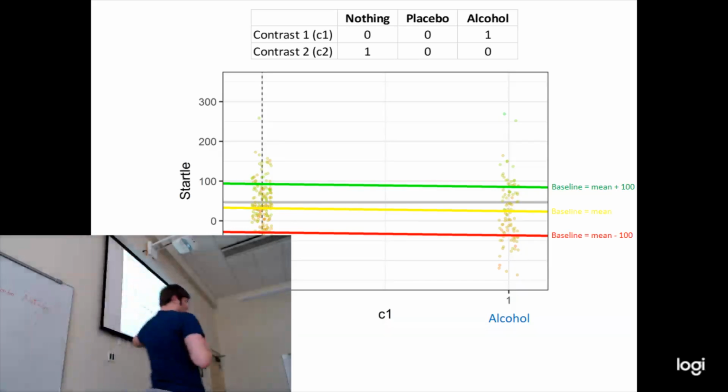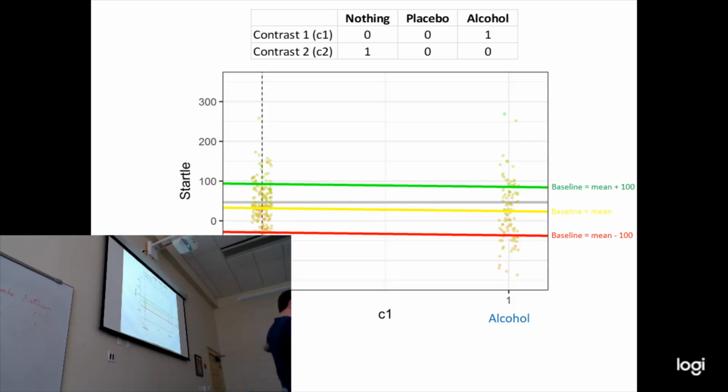And if I wanted to add an extra variable, like baseline startle, the trait level of anxiety that you have, I can draw a prediction line for C1 at the mean of baseline startle, and I can draw prediction lines at a low level of baseline startle and a high level of baseline startle.